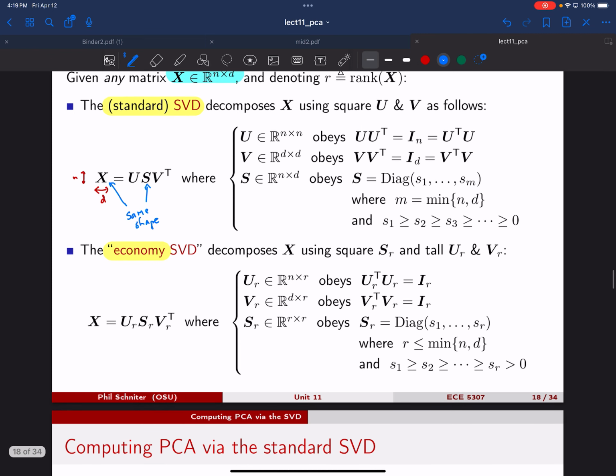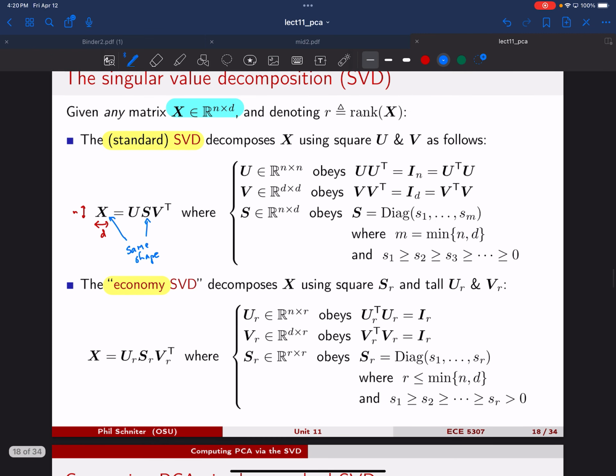So let me make an illustration of this. For example, if X was a tall matrix, it would look like U S V transpose. The key point is that this shape and this shape are the same.